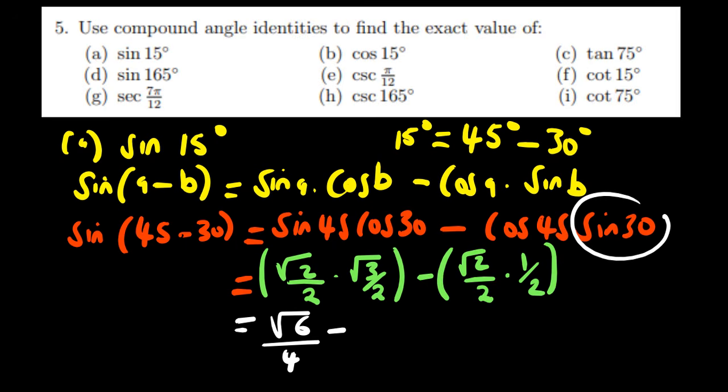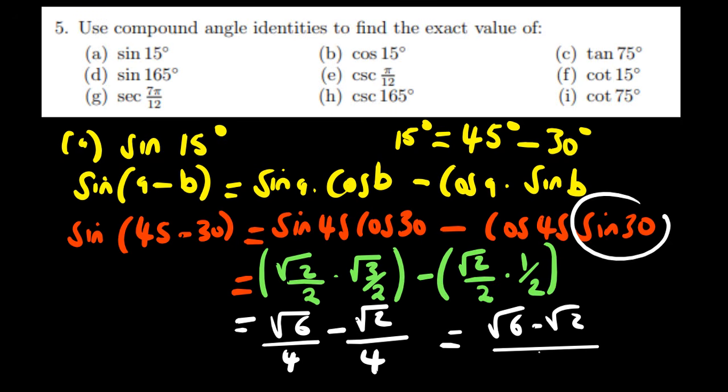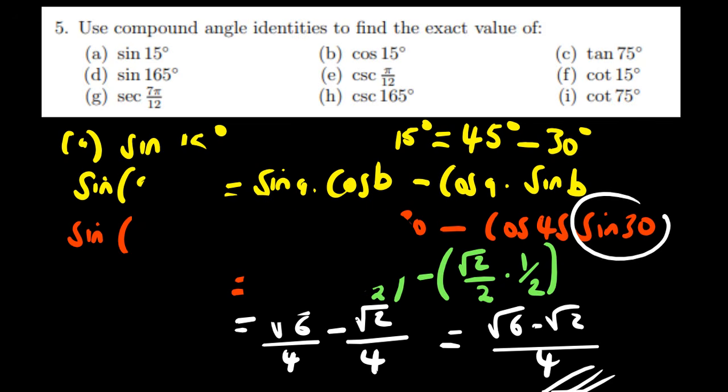We're subtracting root 2 multiplied by 1 on the other side, which is root 2 over 2 multiplied by 2, that is 4. Because you have the common denominator, you're just going to subtract what is on top. Root 6 minus root 2 over 4. So that is going to be your final answer. So that's how you solve the first one. Let's solve the second one as well.